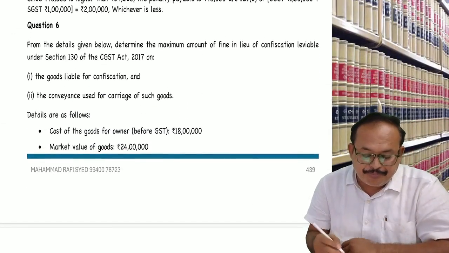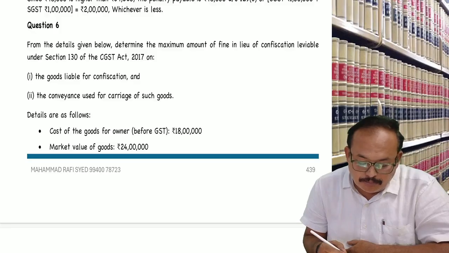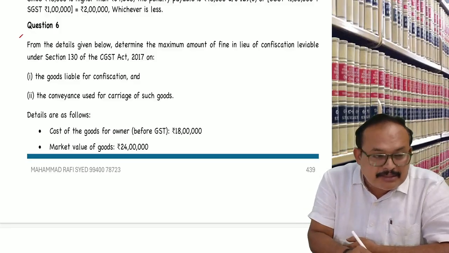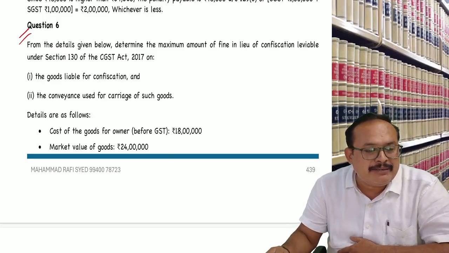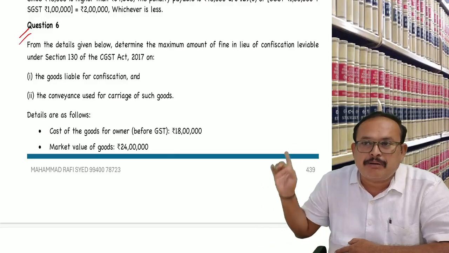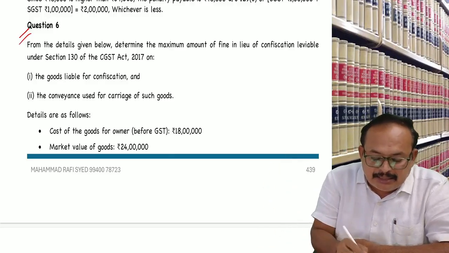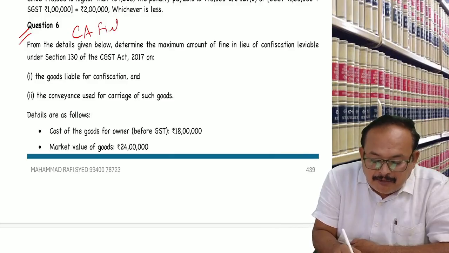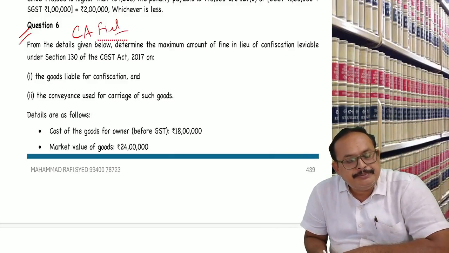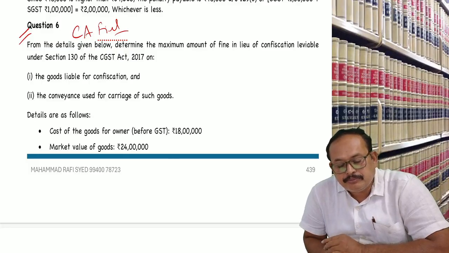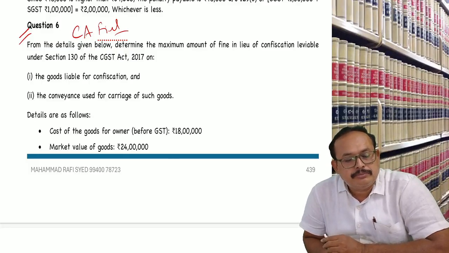Question number 6. Could you please read? Somebody please, Ramma? Please help me, my dear. It is a CA Final exam problem. From the details given below, determine the maximum amount of fine in lieu of confiscation leviable under Section 130 of the CGST Act 2017.